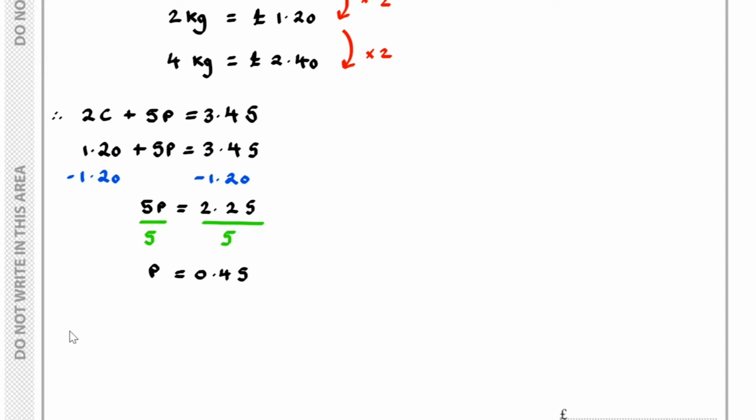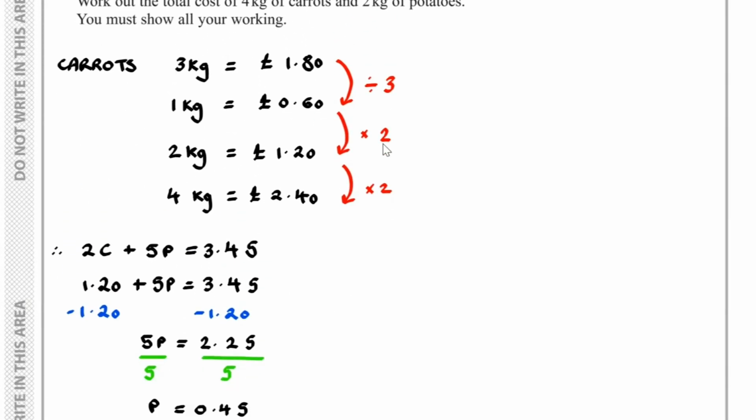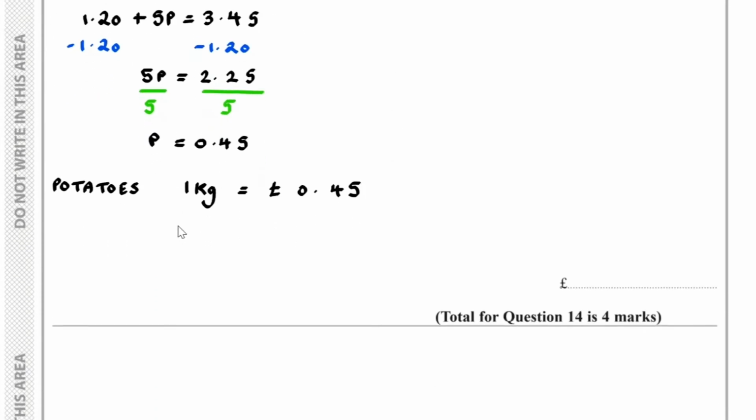And so therefore, we know that in terms of potatoes, 1 kilogram is 45p. And what we need to work out the cost of is 2 kilograms worth of potatoes. So for 2 kilograms, I need to multiply by 2, and it turns out I get 90p.